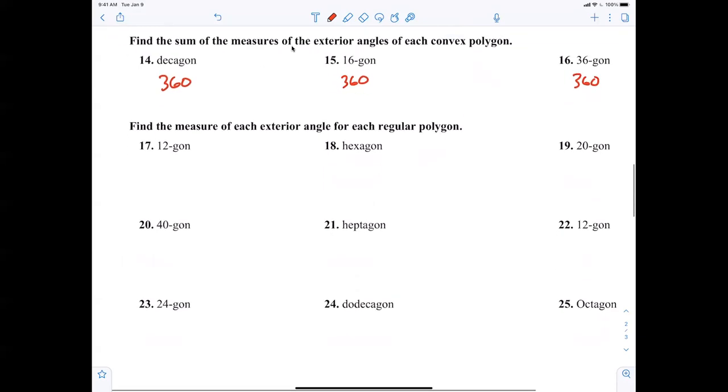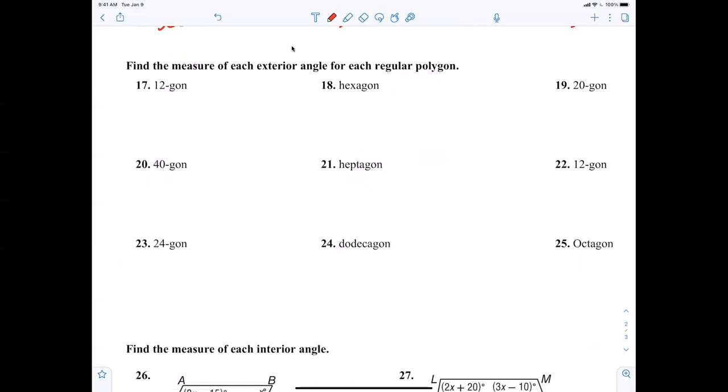All right, so here we go. Find the measure of each exterior angle for each regular polygon. Now we divide, right? Somebody help me with number 17. 30. We're going to write 30 degrees just to make sure. If that's 30 degrees, then the interior angle is 150.